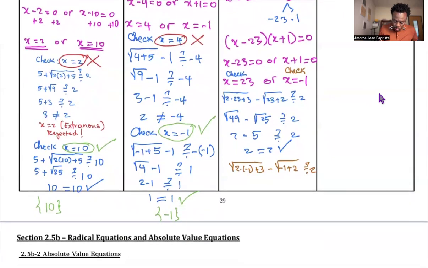So that is going to be square root of 1 minus square root of 1. Is it 2? So that's 0. Clearly not 2. So x equals negative 1 is not a solution. So the only solution of the equation is x equals 23. So your solution is 23.